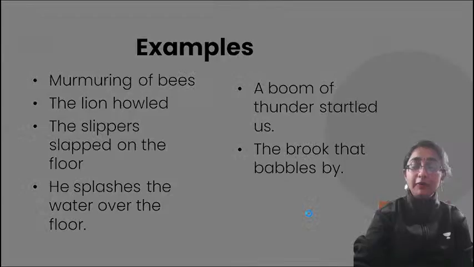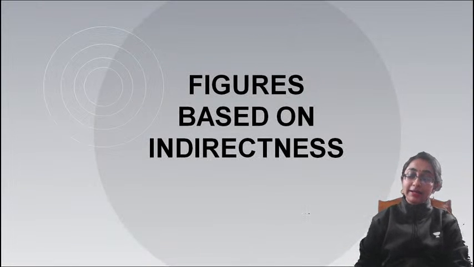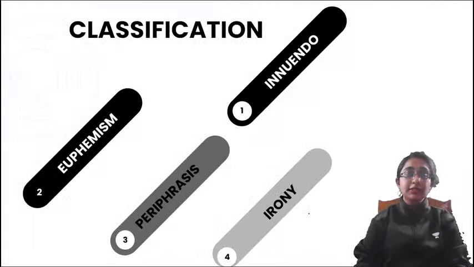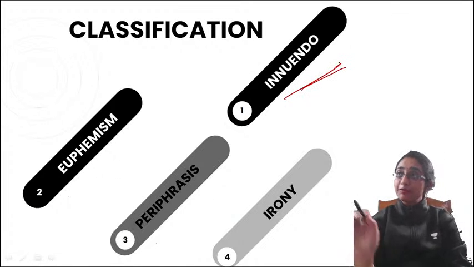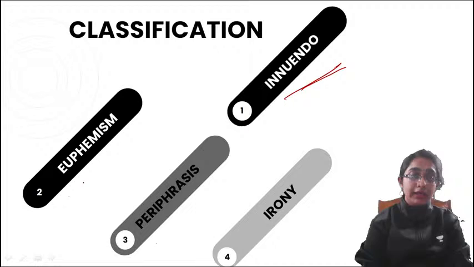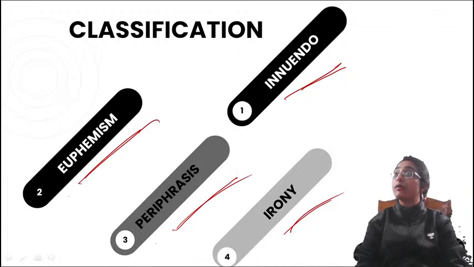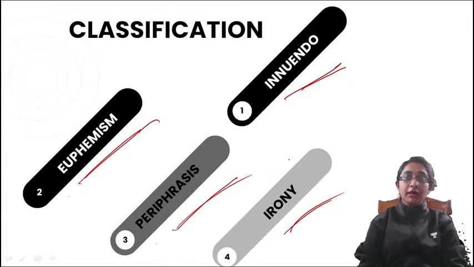Now I will talk about figures of speech based on indirectness. What are the figures of speech based on indirectness? There are four types: innuendo, euphemism, periphrasis, and irony. Okay.